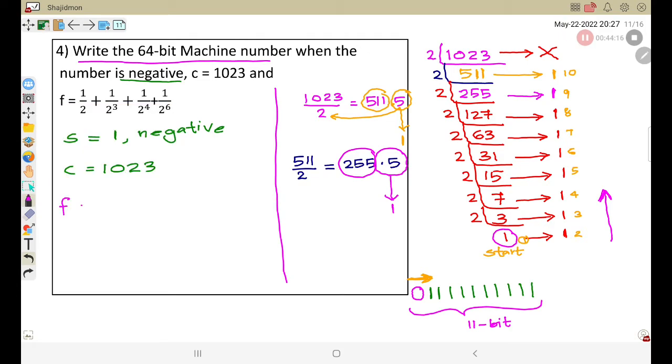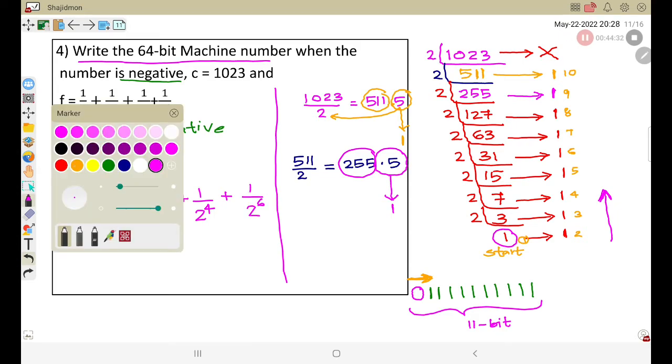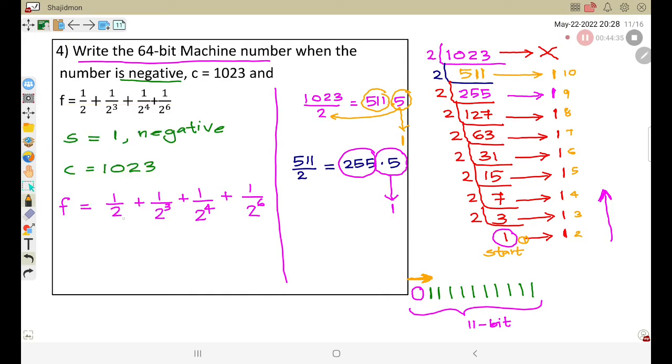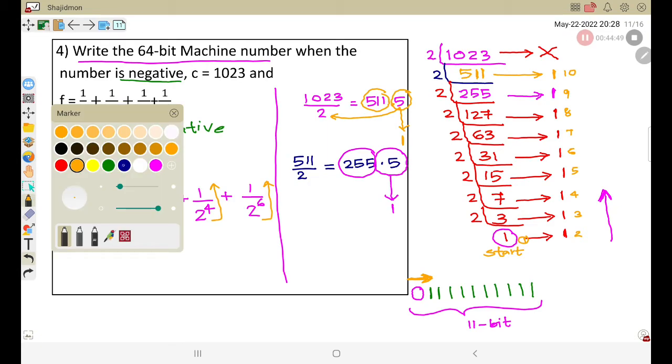F equals 1 over 2 plus 1 over 2 power 3 plus 1 over 2 power 4 plus 1 over 2 power 6. Okay, now for changing this number into binary, first take this 2 onto the top. 2 power 3, 2 power 4, 2 power 6, all take to the numerator, because we write 2 power position like that at conversion time.